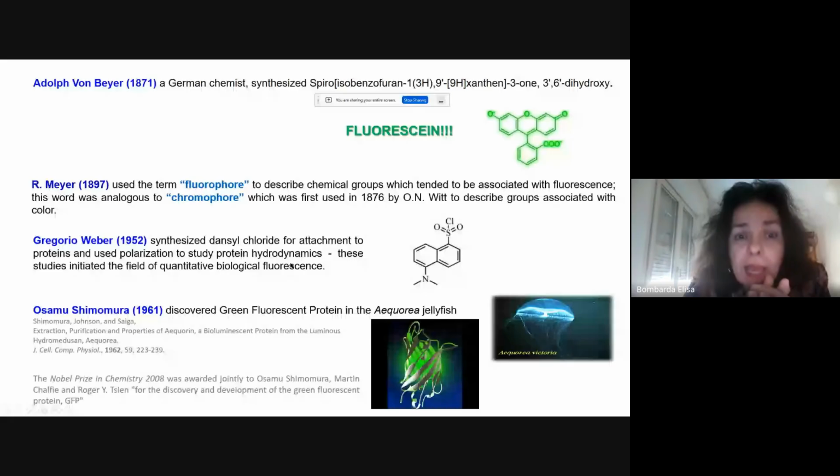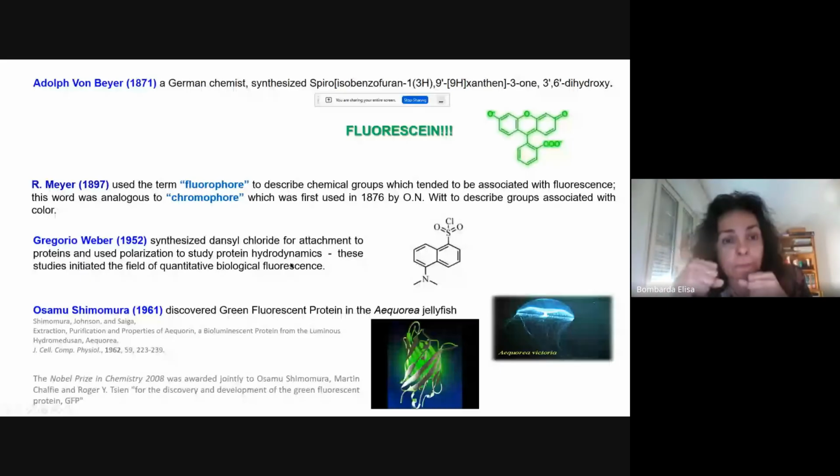And then Mayer was the first to use the term fluorophore to describe a group which is associated with fluorescence. Fluorophore is a word that comes from Greek. In ancient Greek, phore means bring. So this molecule, a fluorophore, brings fluorescence.